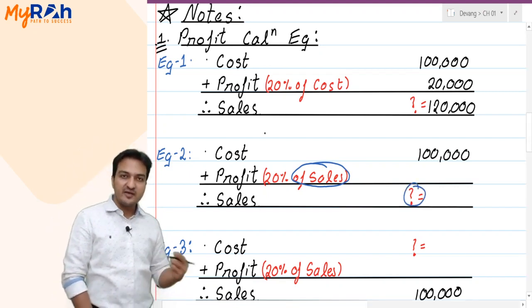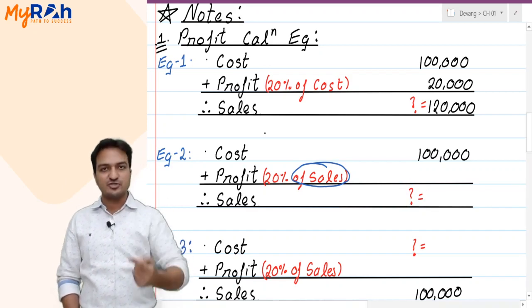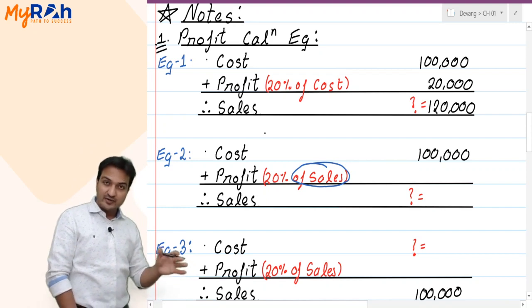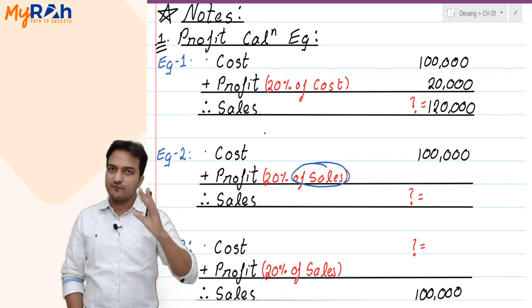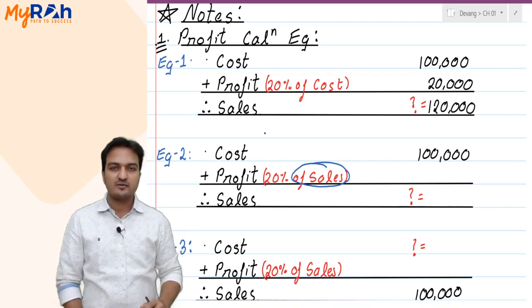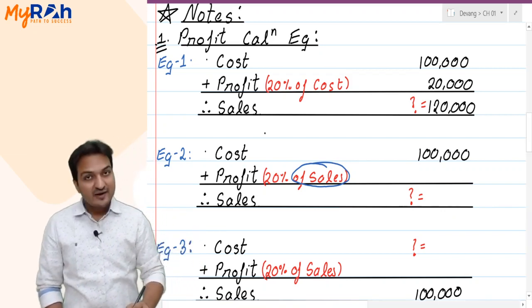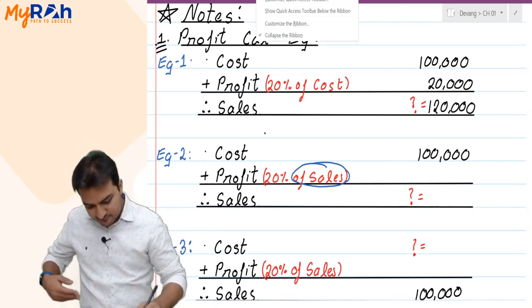This is exactly what we did in question 1. Now, you might say that if profit is 20% of sales, it means 25% of cost. Well, you can do that. I don't mind. But here in this question, you might be able to convert that 20% of sales.